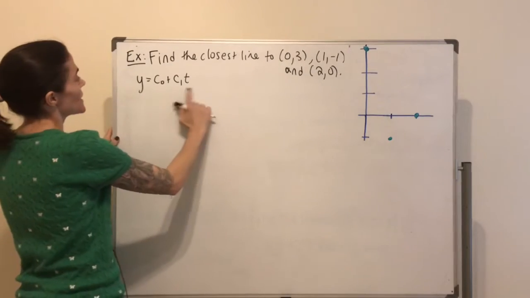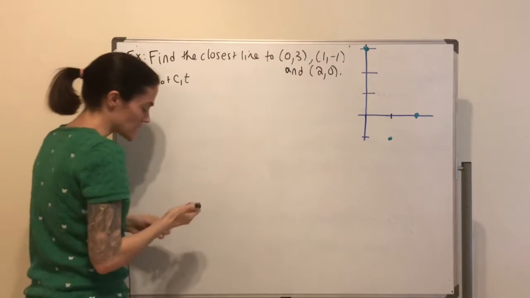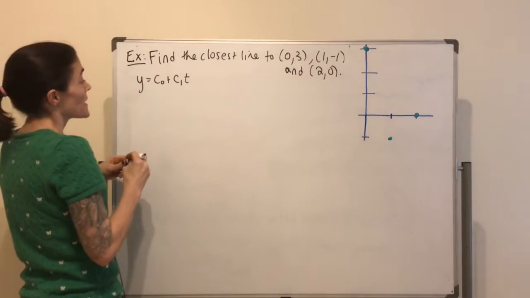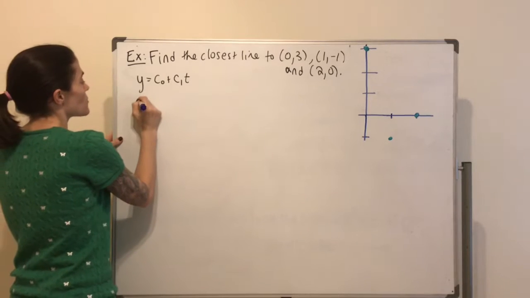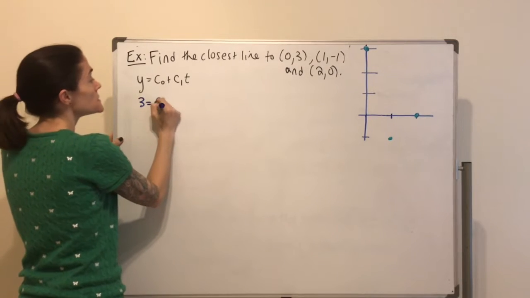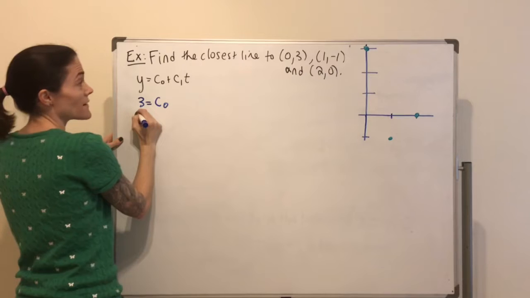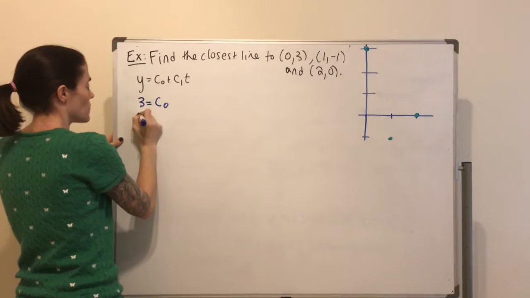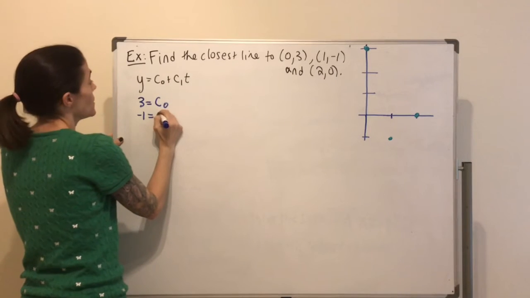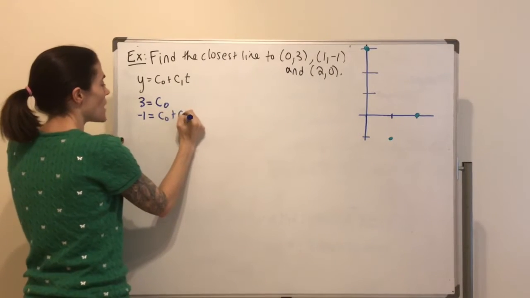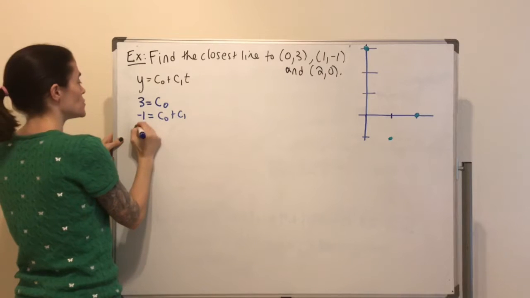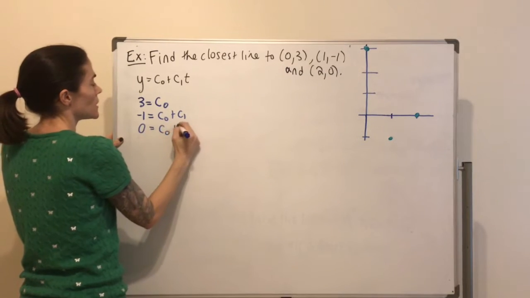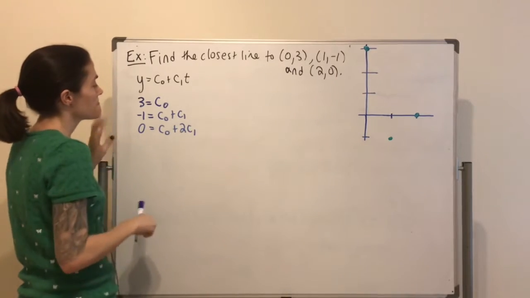Here is what a line looks like. When I evaluate this at 0, I get 3 = C0. When I evaluate at 1, I get that -1 = C0 + C1, and then I evaluate at 2, and I get 0 = C0 + 2C1.